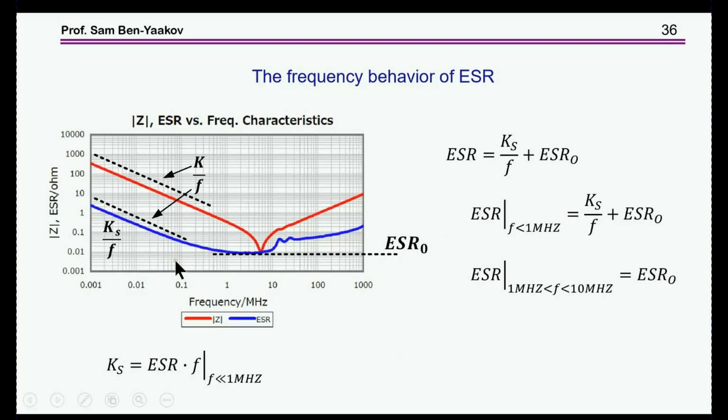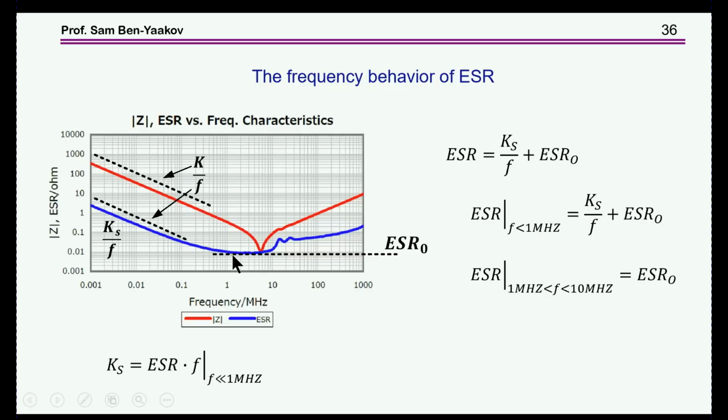So, as it turns out, you can describe this curve as K over F, the frequency, pretty much like the impedance, which is 1 over omega C, 1 over frequency. And then you come to a threshold, which is this value. So this will be a function to describe ESR.